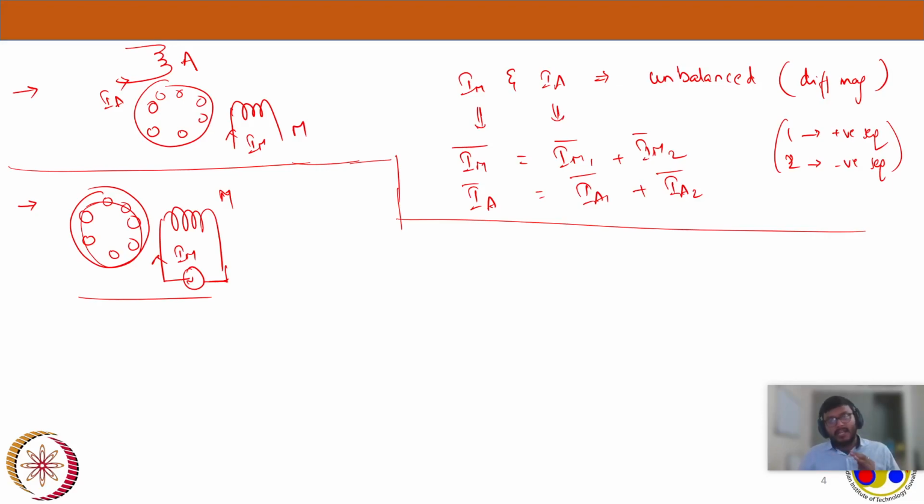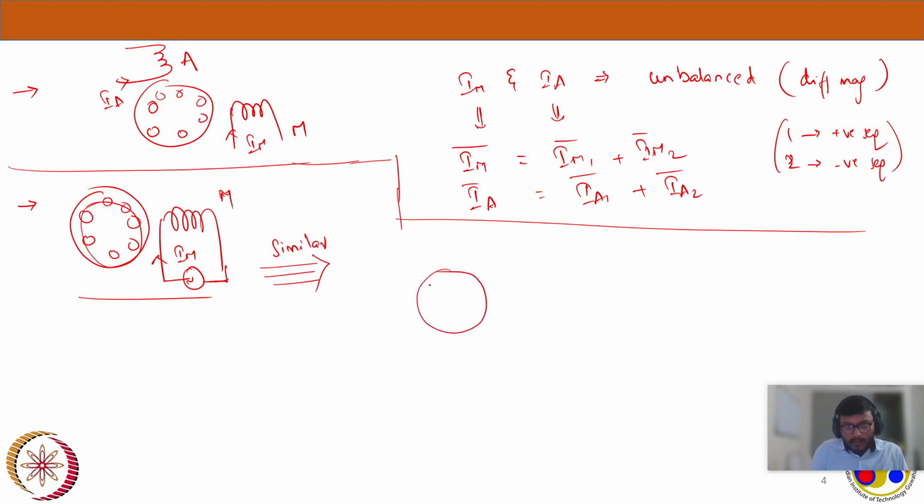Now I am trying to apply this sequence component concept to this. I will make a small change, a similar kind of arrangement. Please tell me whether the diagram I am drawing now is similar to this situation or not.